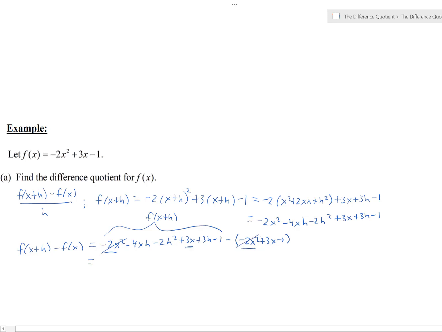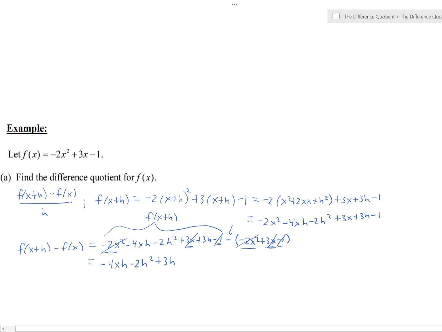The 3x is going to cancel with the 3x over there, 3x minus another 3x, so those are gone. And then this negative 1 minus a negative 1, those are gone. So a lot of stuff goes away, and we're left with the quantity negative 4xh minus 2h squared plus 3h.